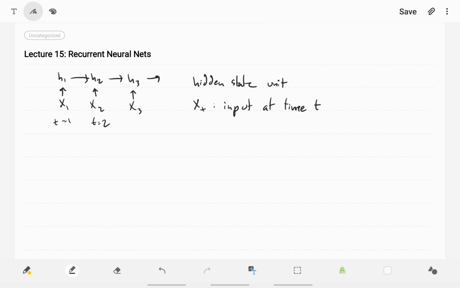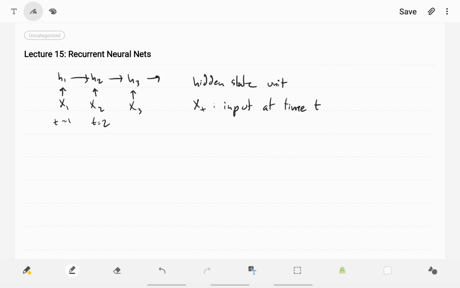Okay, so how does this differ from the IID setting? Thus far throughout the course we've been working in the IID setting for the most part. And in the IID setting, the basic idea is that each xi is independent of one another. And so there's no distinction between h1 and h2 in those cases. They're not connected to one another. They're just functions of their inputs.